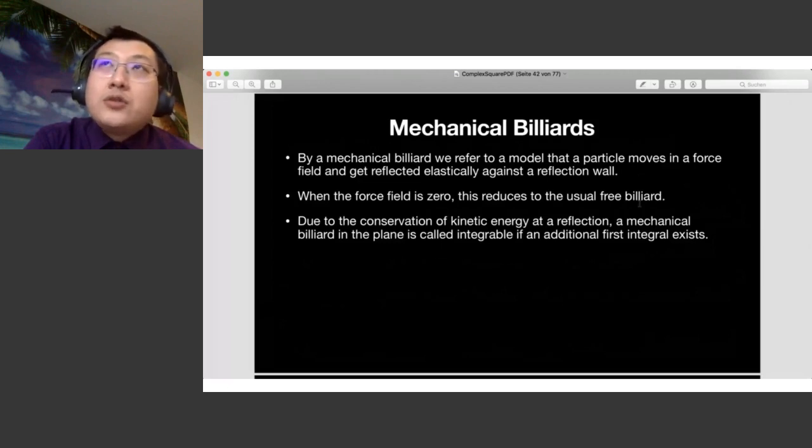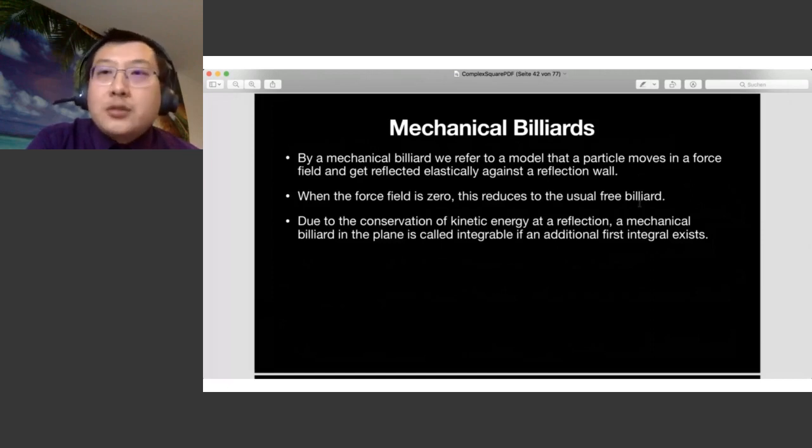And the potential would be just what it is at this point of reflection at this wall. Therefore, the energy does not change before and after such a reflection.